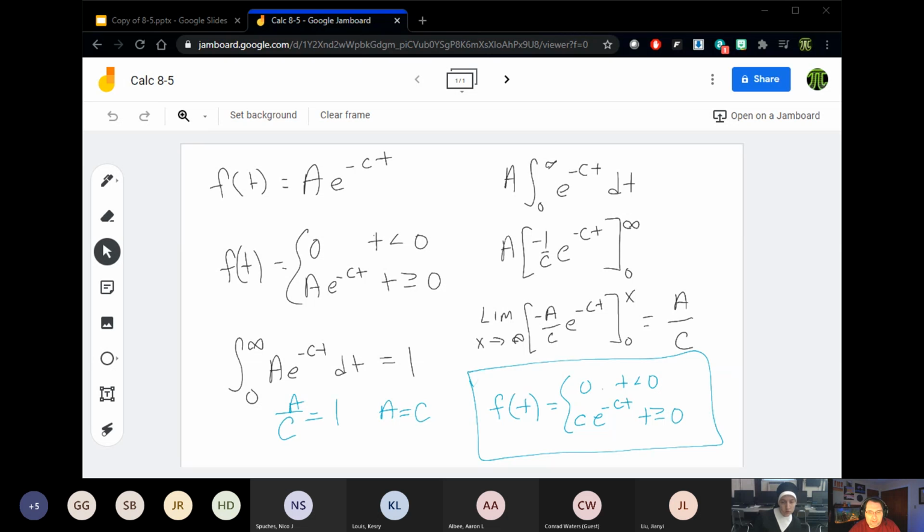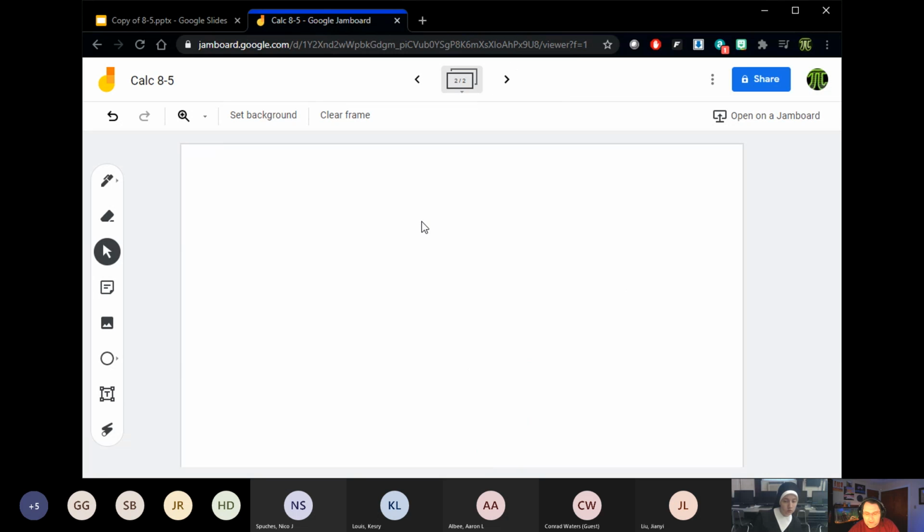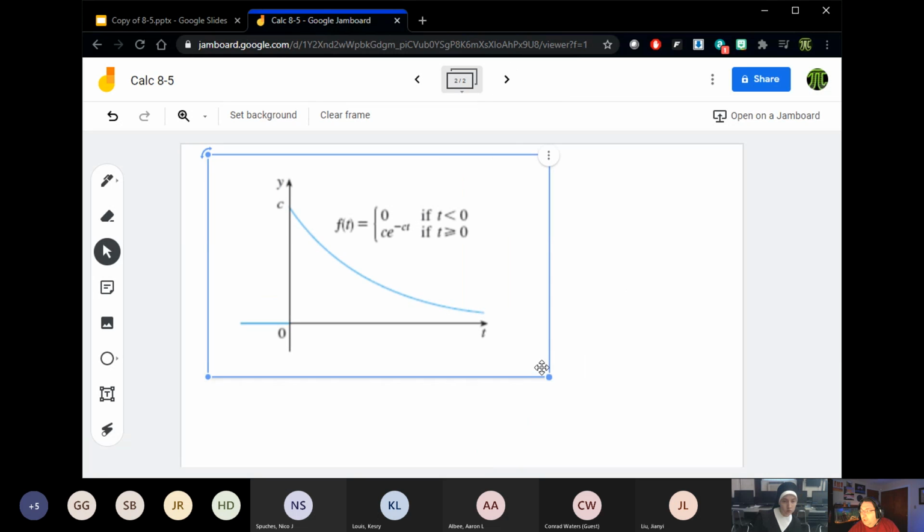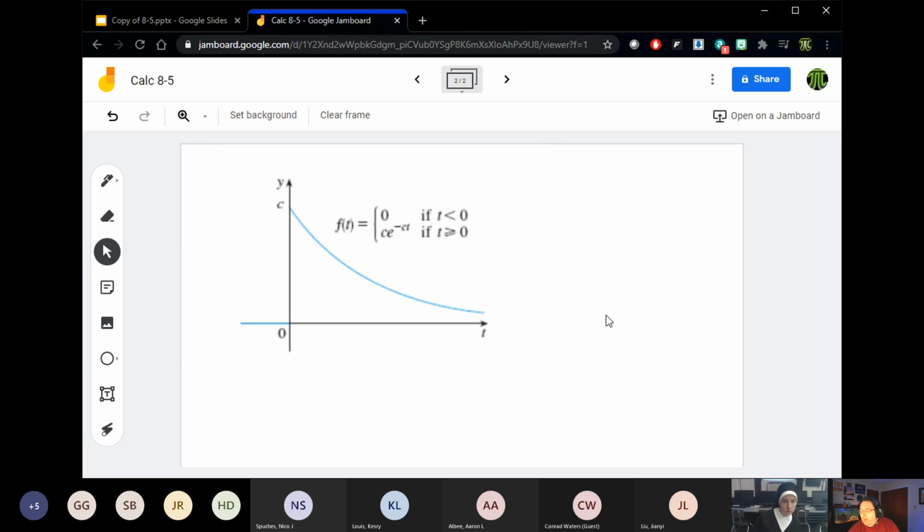So actually, if you look, this is what the function looks like when we're looking at it going out. As time increases, it's getting closer and closer to 0, and more of the probability is going up that whatever's happening is going to get done.